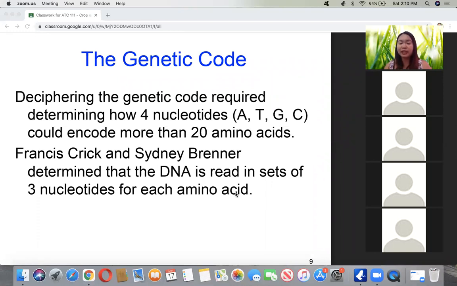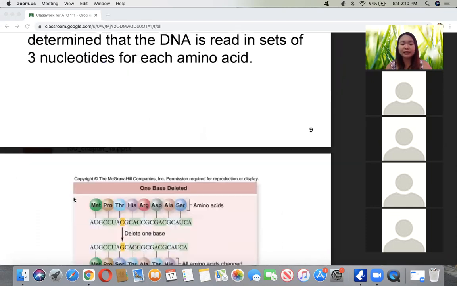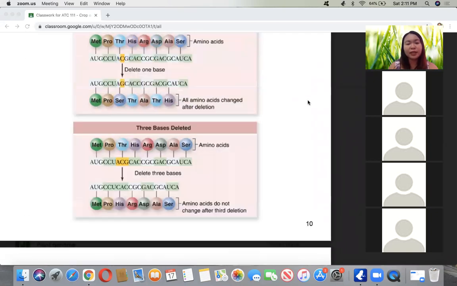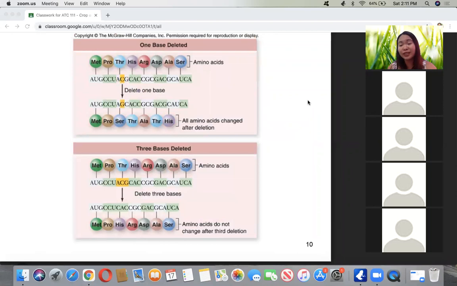Now we have the valine, amines. So you will know later. So each of these amino acids that are needed by our body consist of 3 nucleotides. So it could be from the 4 nucleotides, it could be ATG or GTC, whatever, no?